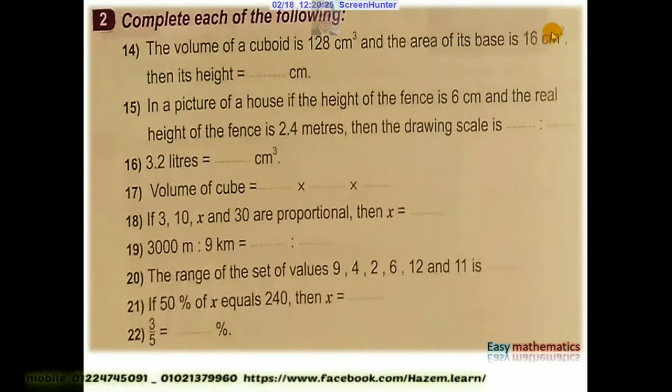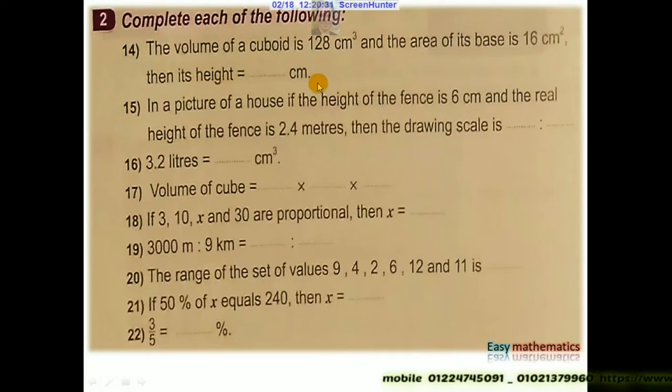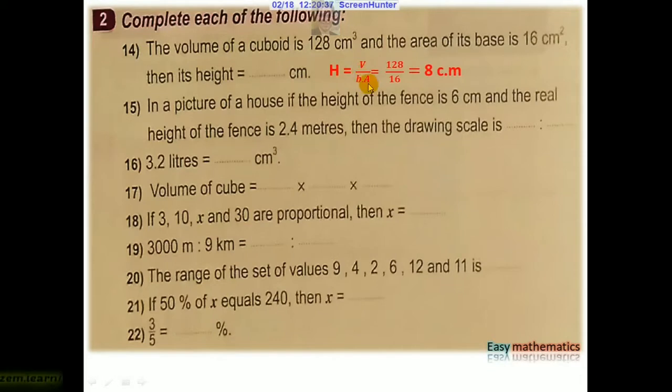We must write above it B.A, and he asked me to find the height. So how to find the height here? By using this rule: height equals volume over base area, 128 over 16 equals 8 centimeters.